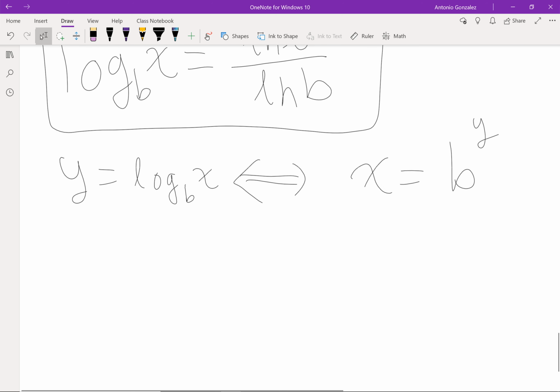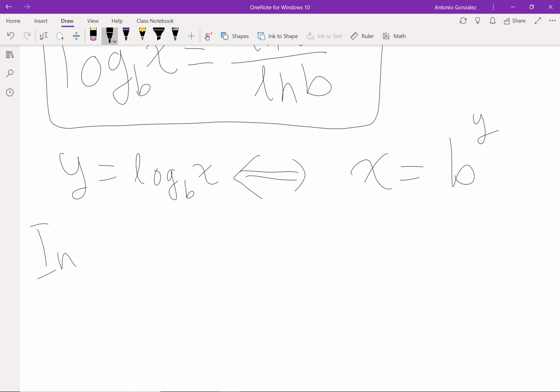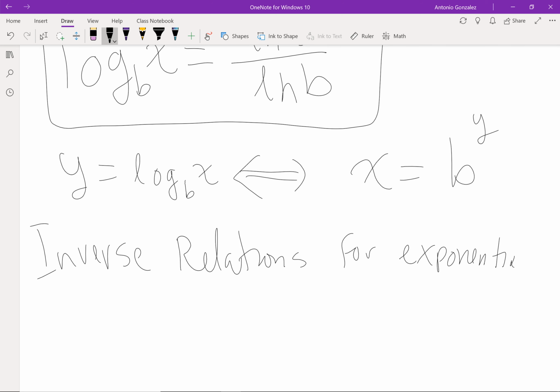Now let's take a look at the inverse relations for exponential and logarithmic functions.